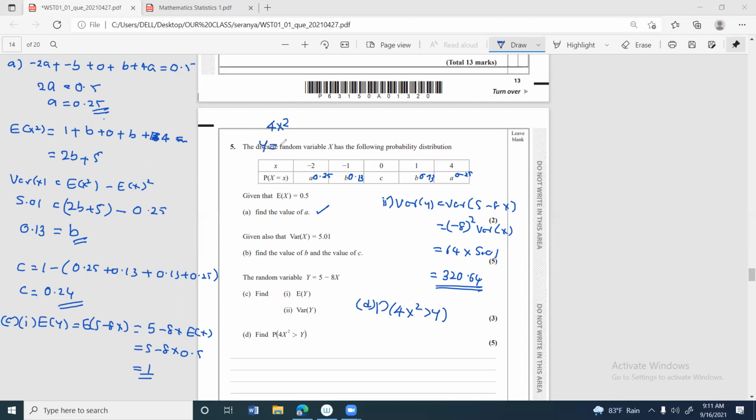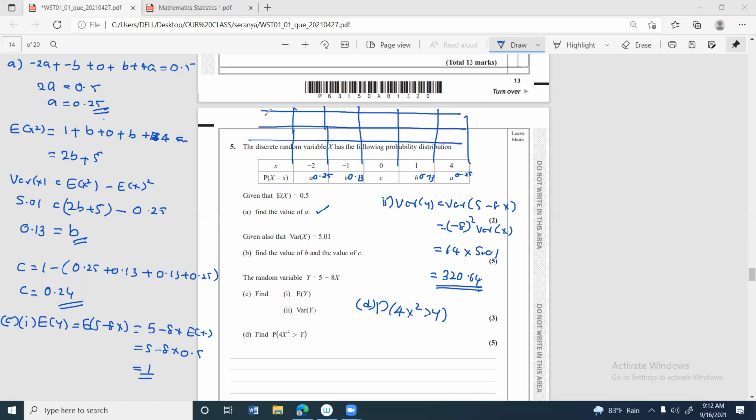For this, y equals 5 minus 8x. For this, I just write it a little bit clearer. For the same table, now I'm going to find out these values.